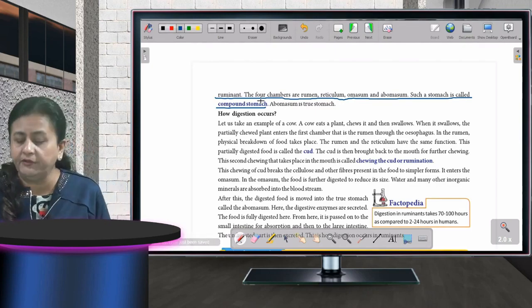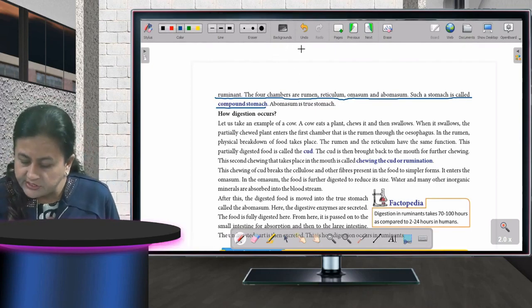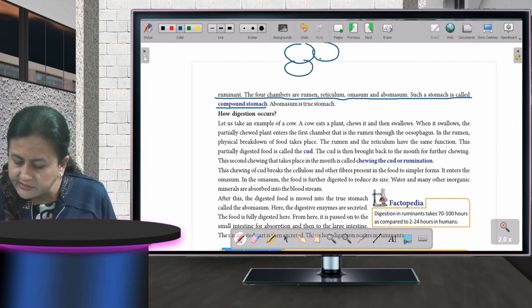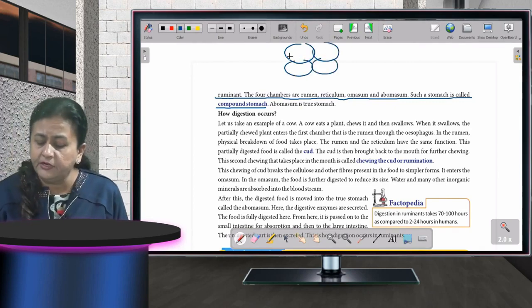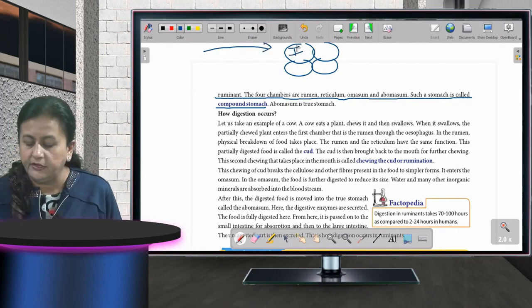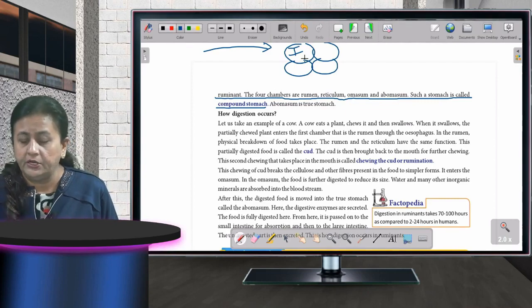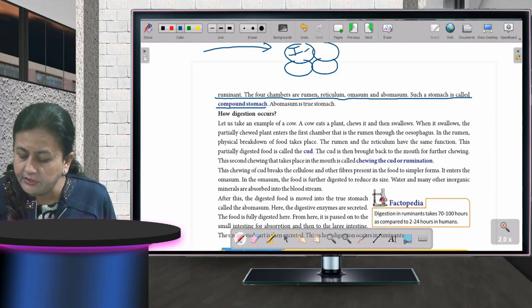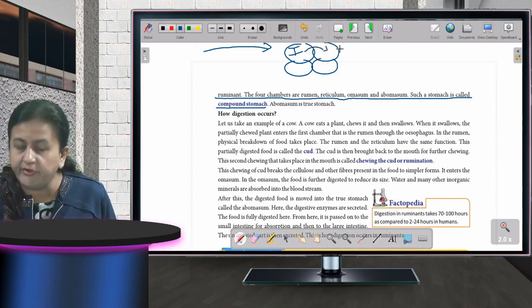Now what is happening? Once I told you the stomach has 4 parts, there are 4 chambers like this. Okay, first whenever the animal is eating the grass, it goes into the first one. The first chamber is the rumen. After that it goes into the second one, that is the reticulum.